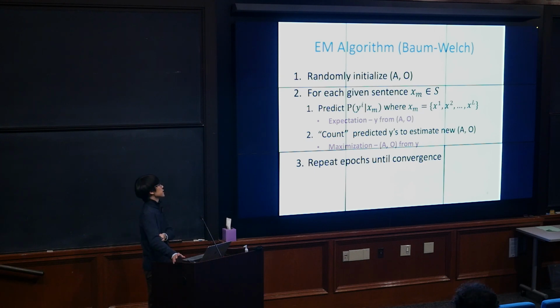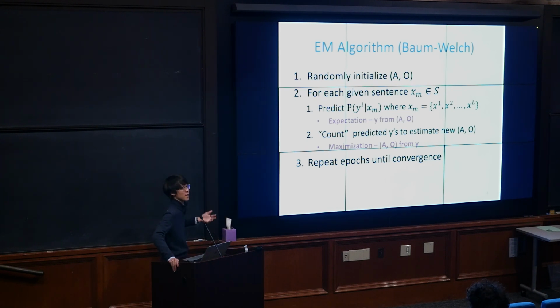Then for each given sequence in some training set, what we're first going to do is predict the marginal distributions of y conditioned on the entire input sequence. So this is the probability that the second y is a noun. I'm going to keep using POS here just because it's convenient, but this is detached from part of speech tagging at this point. y doesn't necessarily mean part of speech.